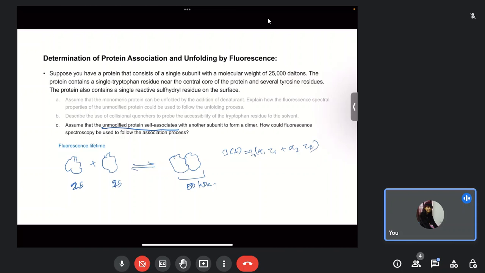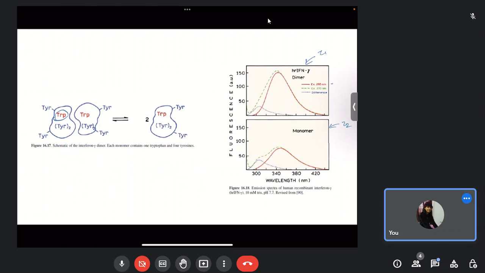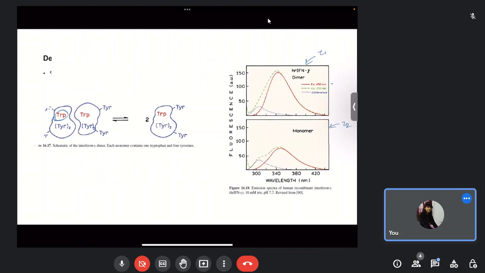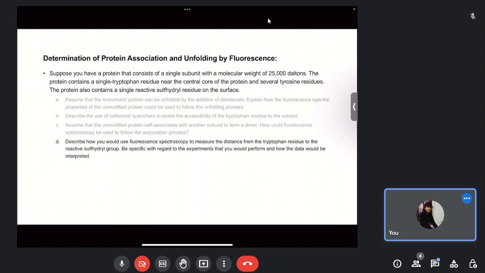If we know the inherent lifetimes of these two molecules, from alpha 1 and alpha 2 we will be able to calculate the concentrations of dimer and monomer, using which you can follow the dimerization process.